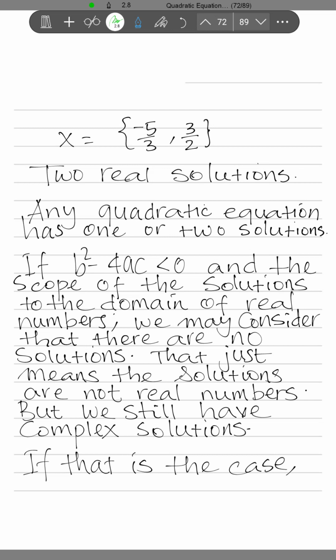Here we can say no real solutions if the discriminant is negative. But it doesn't mean there are no solutions. It means there are no solutions in the real number domain, or the solutions are not real numbers, but we still have complex solutions.